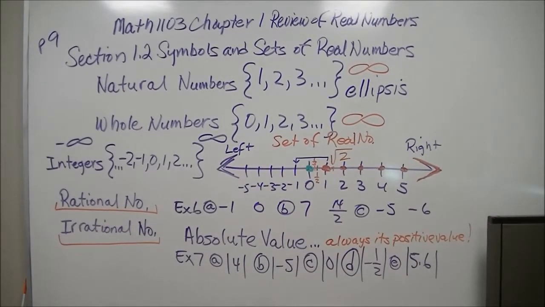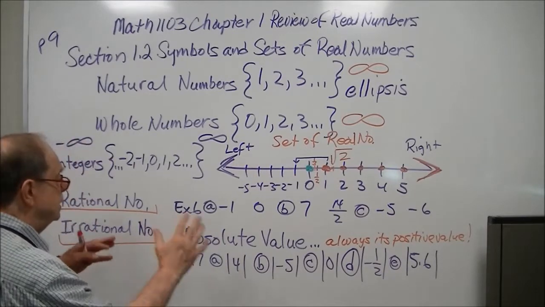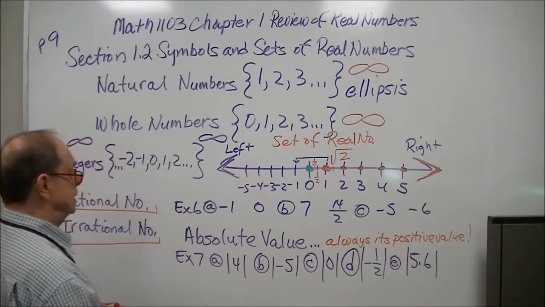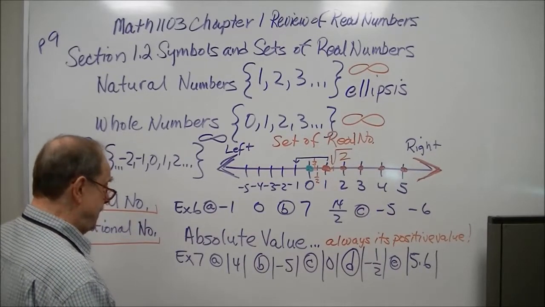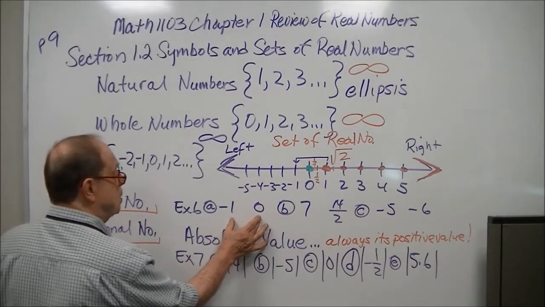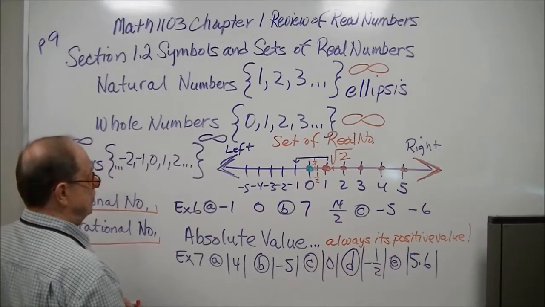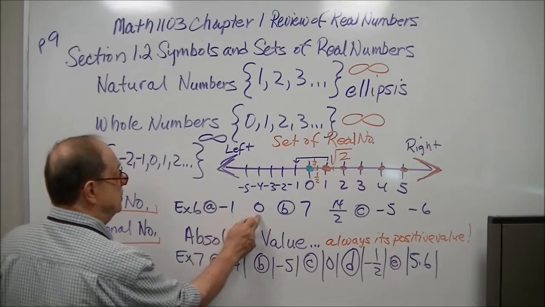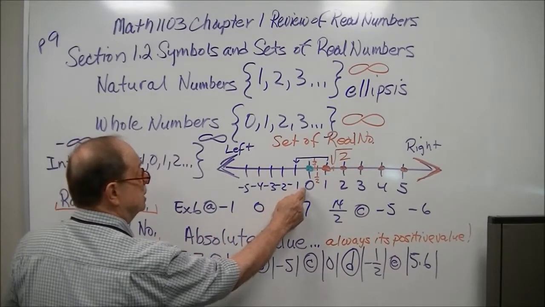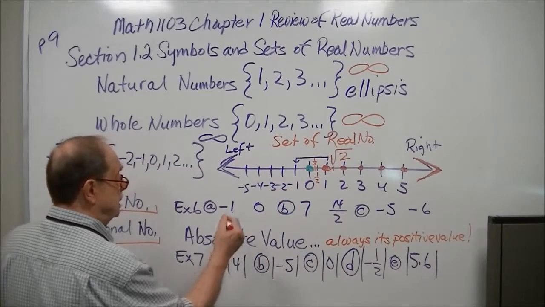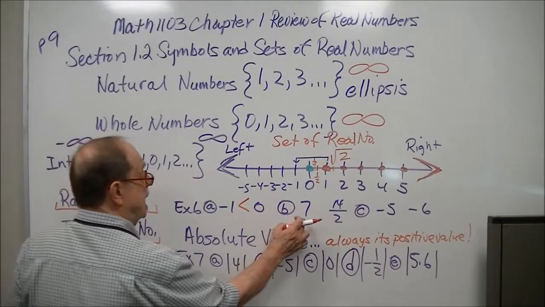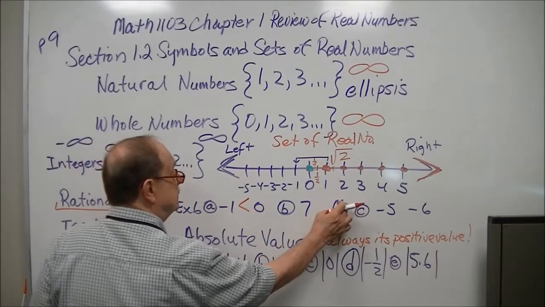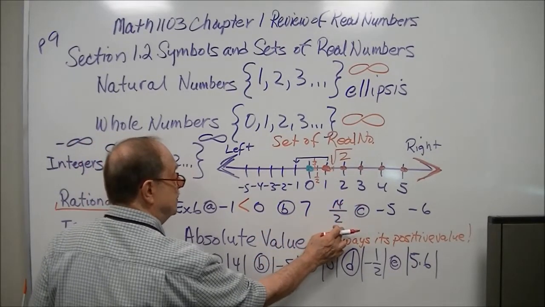All right, going on to example 6, and remember all of this is included in your textbook, and you'll be having practice and then later quiz me's on it. They want us to put inequality signs in here. So -1 compared to 0. Well, there's -1, 0, it's to the left, so this will be less than. Now 7 as compared to 14 halves.